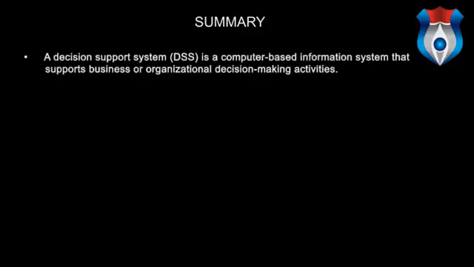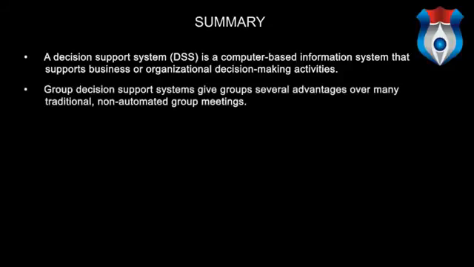Now in the end, let us summarize what we have learned in this lecture. A decision support system, DSS, is a computer-based information system that supports business or organizational decision-making activities. Group decision support systems give groups several advantages over many traditional non-automated group meetings.